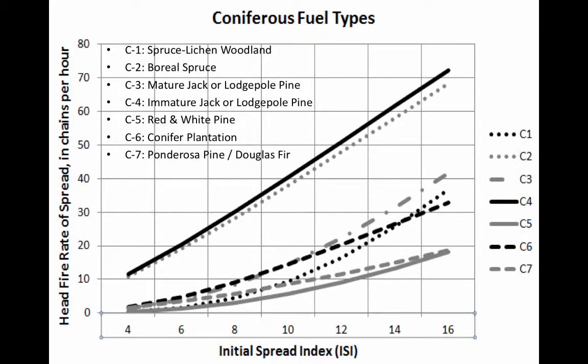From this graph, you'll notice that C2 spruce and C4 pine fuel types are very similar, and they produce the fastest spread rates regardless of ISI. C1 spruce, C3 pine, and C6 plantation are somewhat intermediate, especially with ISIs above 10. And C5 pine and C7 western forests produce the slowest overall spread rates for the FBP system.